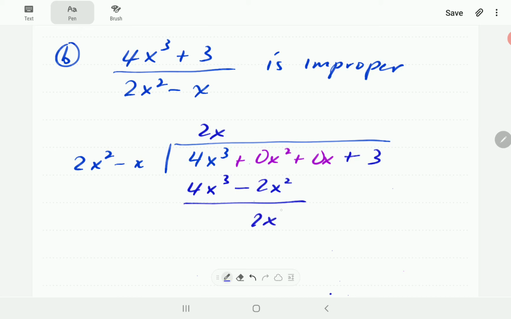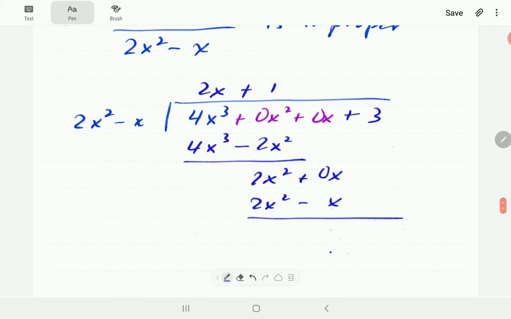This is going to be 2x squared. We bring down 0x, and 2x squared into 2x squared goes once, so it's going to be 2x squared minus x. Then we bring down, that's going to be x, we bring down 3. Since the degree of this is now lower than the degree of that, this is our remainder.